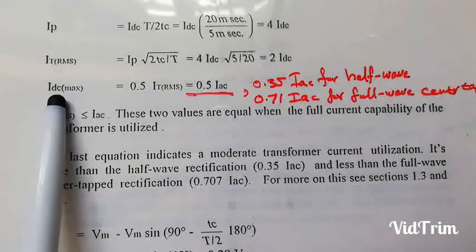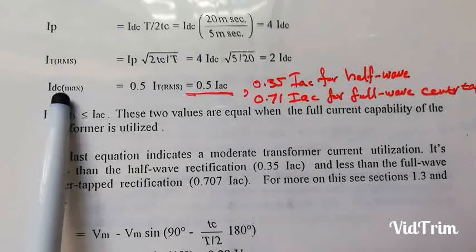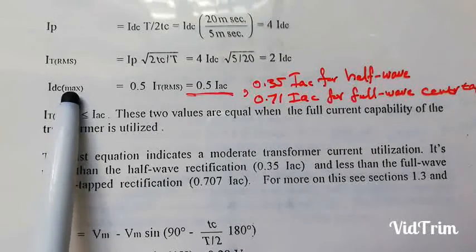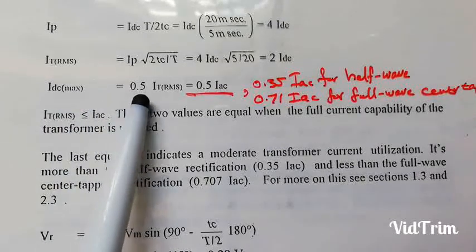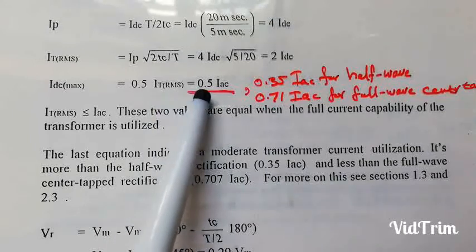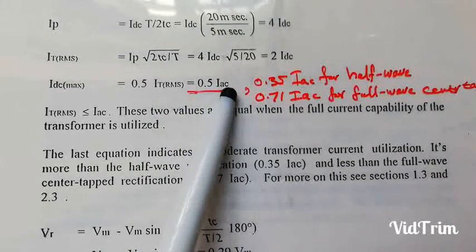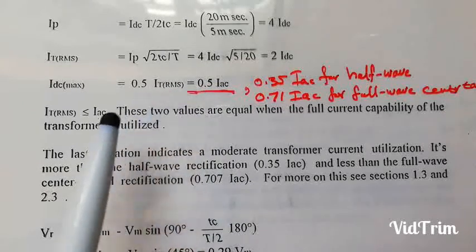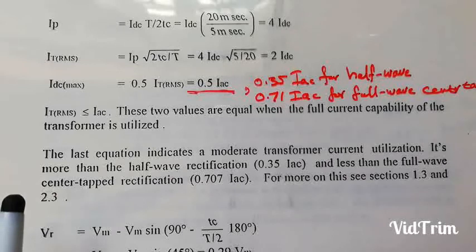That's the IDC max, the maximum DC current that you can get out of the transformer when you are using that full wave bridge power supply. It is 0.5 the IT RMS, 0.5 the IAC. So that means you get half of the current that is written on your transformer, okay?